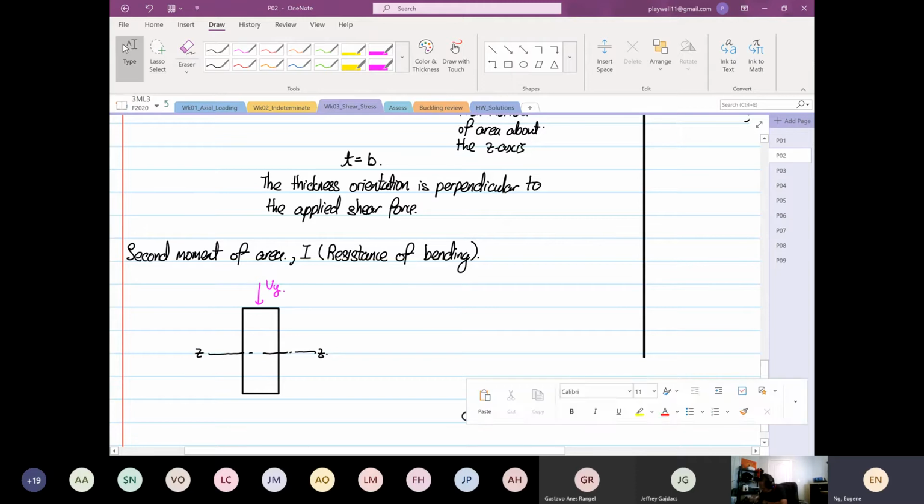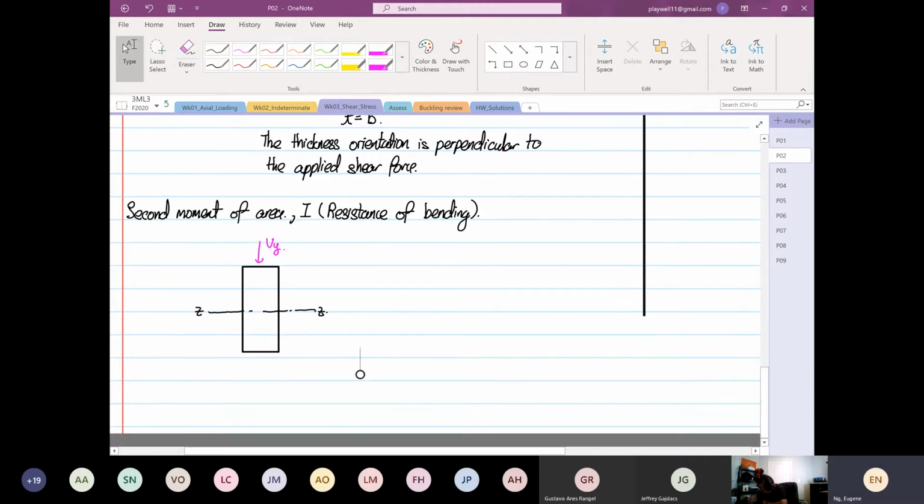So the orientation of the axis of the second moment of area I is perpendicular to the applied shear force.